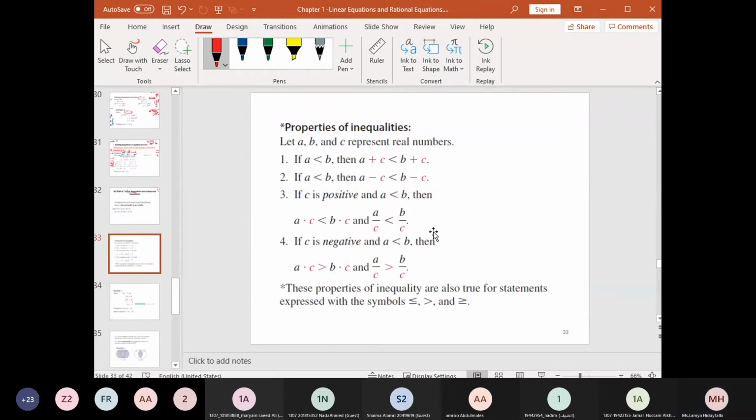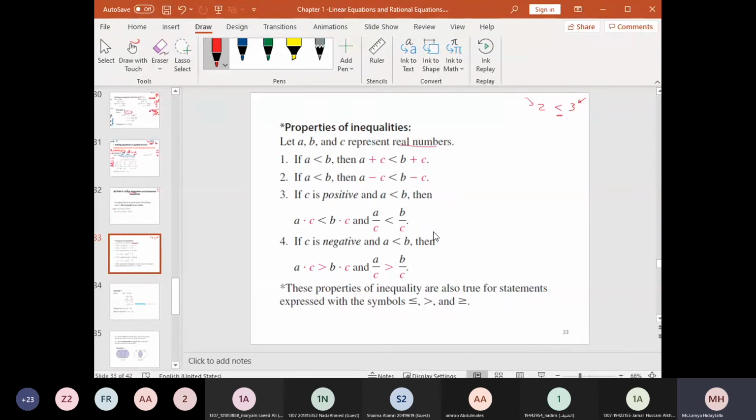Now what do we have? If we have a, b and c representing real numbers. Okay, if we have a number like 2 is less than 3, what I do on the left hand side and I do on the right hand side, will it keep the inequality holding or not? What about in the case of addition?